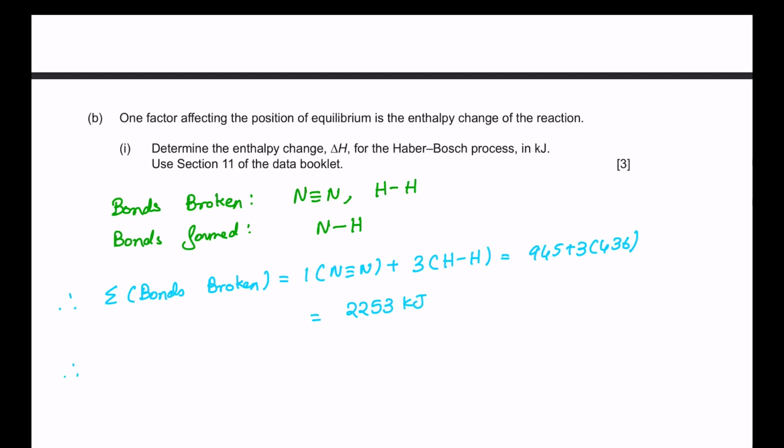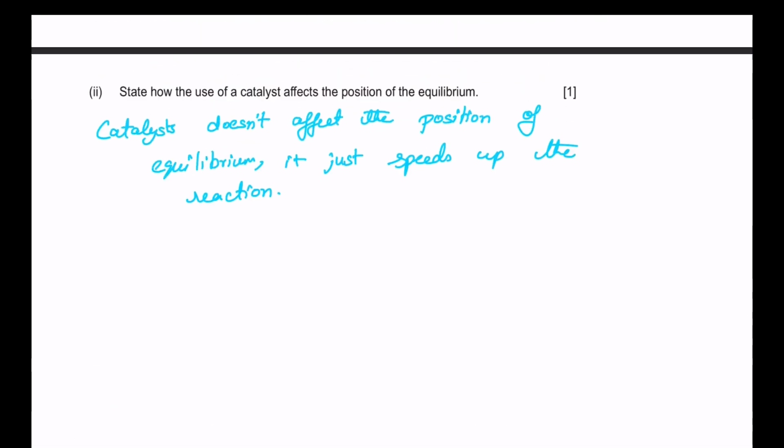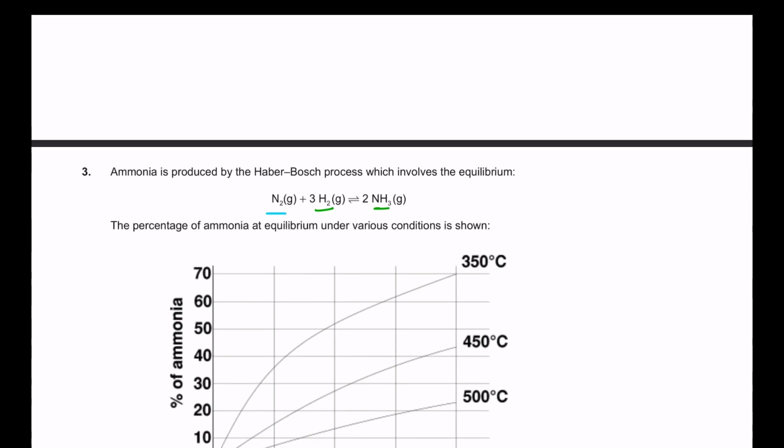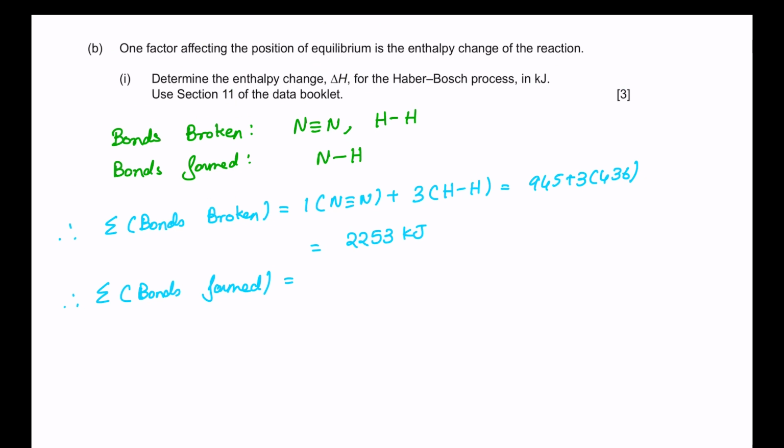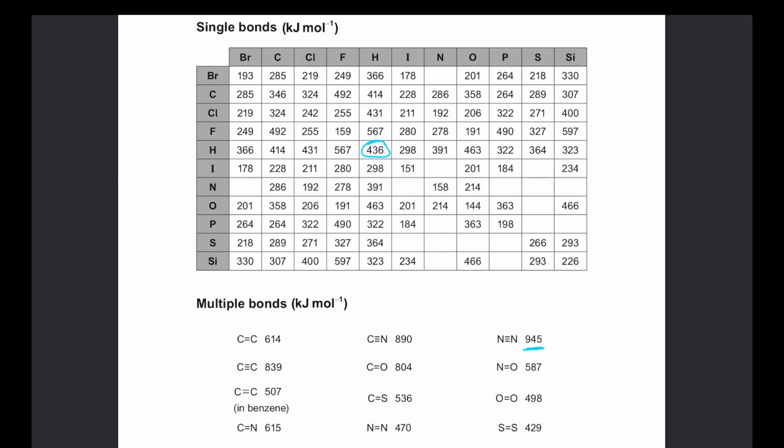In the next part, we have to find the summation of the bonds formed, right? So how many N-H bonds are formed in the balanced equation? There are 3 N-H bonds in one NH3, so for 2 NH3 there are 6 N-H bonds. So 6 times the N-H bond enthalpy, which is 391.